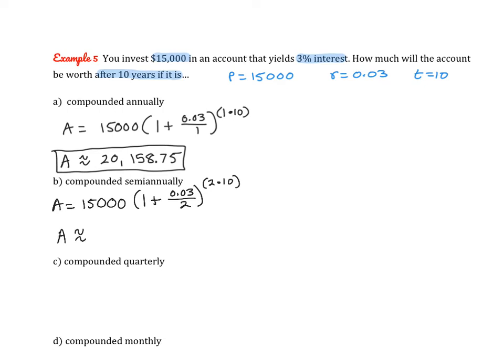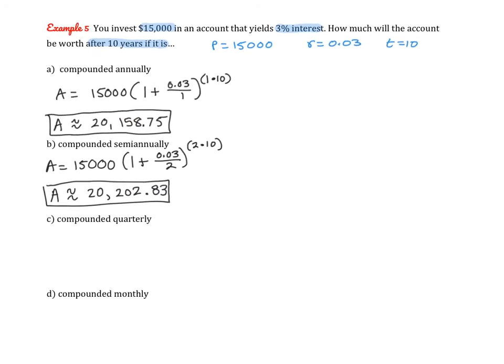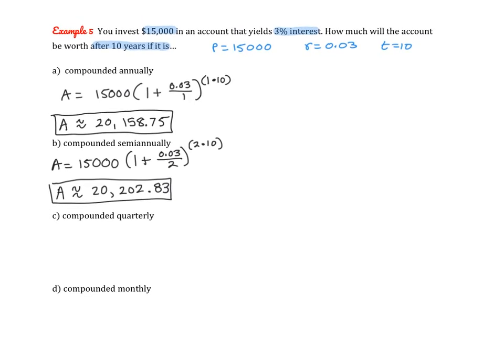And here you should get $20,202.83. So you can see that simply by compounding it one more time per year, we earned more money. So if you compare the first one to the second one, you can see there is a little bit of an improvement there. So let's do one more together.